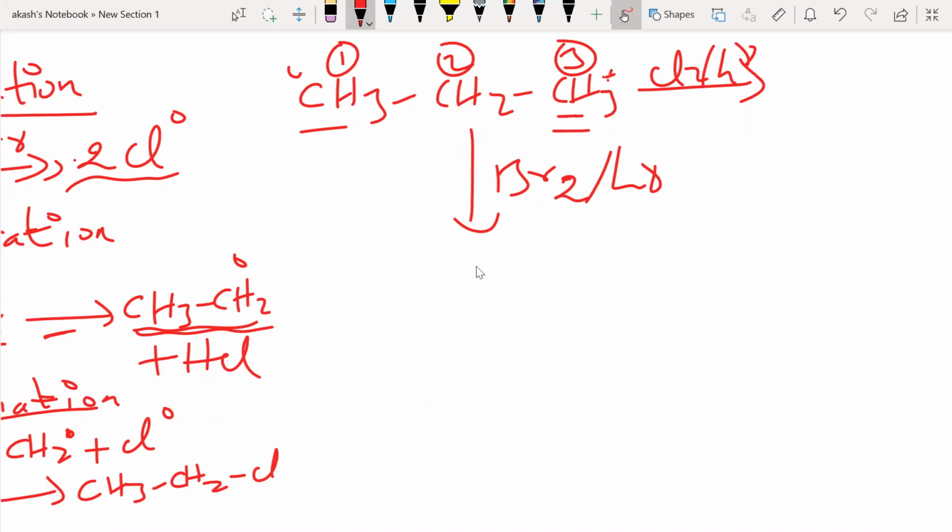But if this is substituted here, I'm going to have a secondary free radical getting formed. Obviously we know secondary free radicals are more stable than primary free radicals, so we expect that in both cases chlorine or bromine should get substituted only in this second position, because of the stability of the free radical.